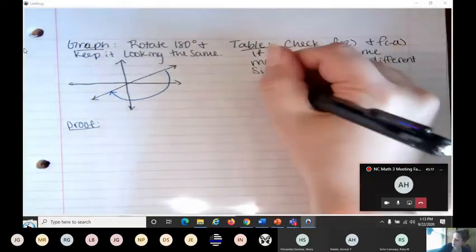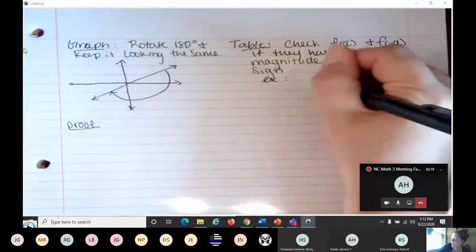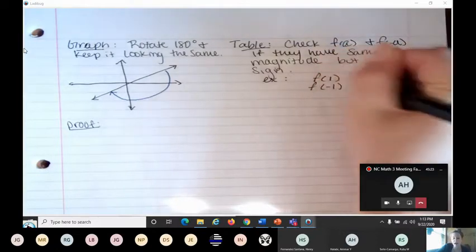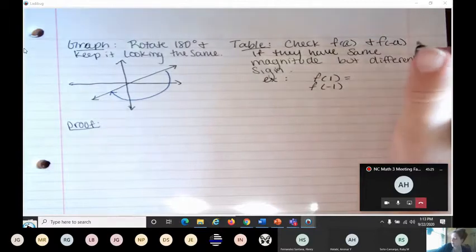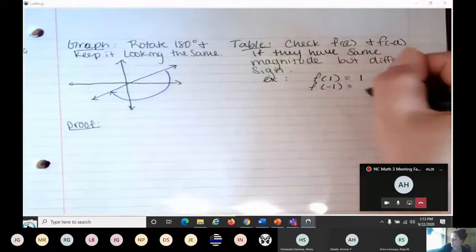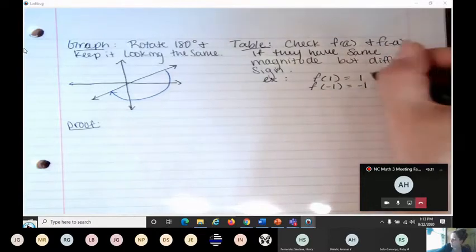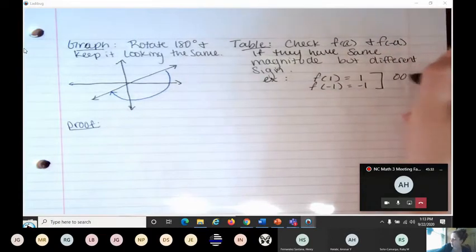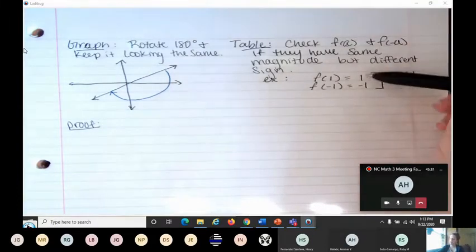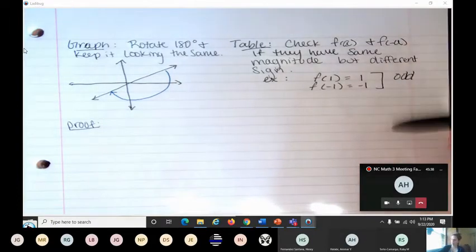Okay, so for example, if I had an f of 1 and f of negative 1, and maybe I got positive 1 and negative 1 here, these are odd because we have the same magnitude but different sign.